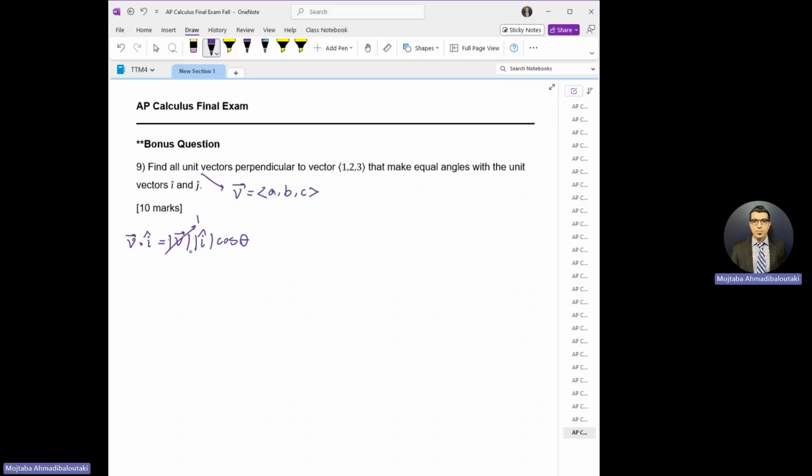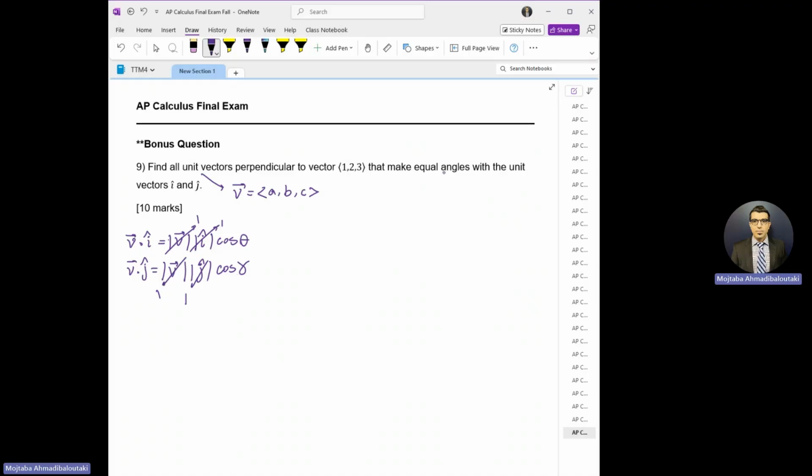It is 1. Magnitude of i is also 1. So V dot i becomes this cosine of theta. If you do the same for V dot j, we have magnitude of V, magnitude of j, and then cosine of another angle. Let's call it gamma, right? So magnitude of V again is 1, magnitude of j is 1. So this reduces to this cosine.